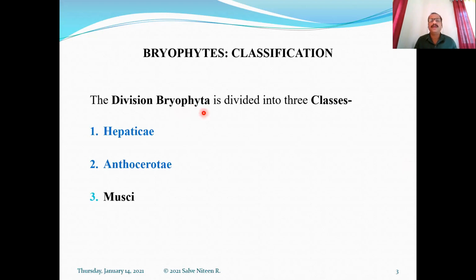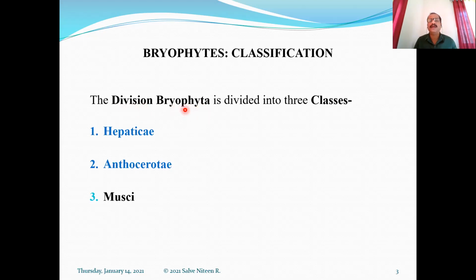When the term ends with the word phyta, it refers that the taxon is a division. According to ICBN, the International Code of Botanical Nomenclature, the name of the division of plants should always end with phyta.